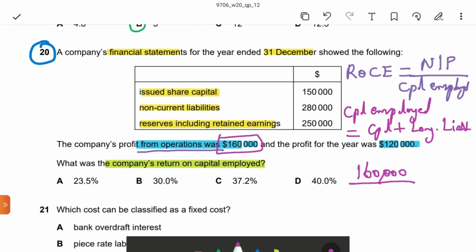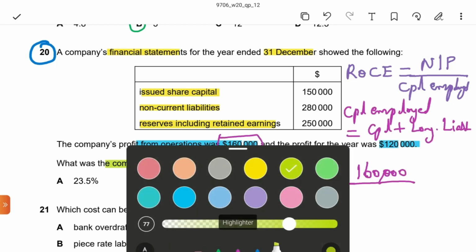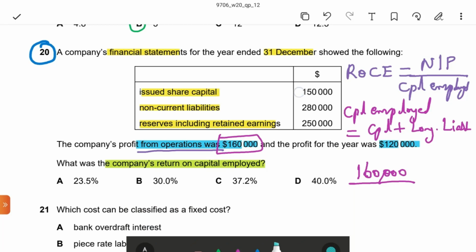divided by capital employed. Capital employed is equal to capital plus long-term liabilities. What is the capital here? Capital is given. Issued share capital 150,000 and reserves and surplus. This company's capital means capital plus reserves and surplus and premium, etc. So here capital is 150,000 plus 250,000 plus long-term liability 280,000.